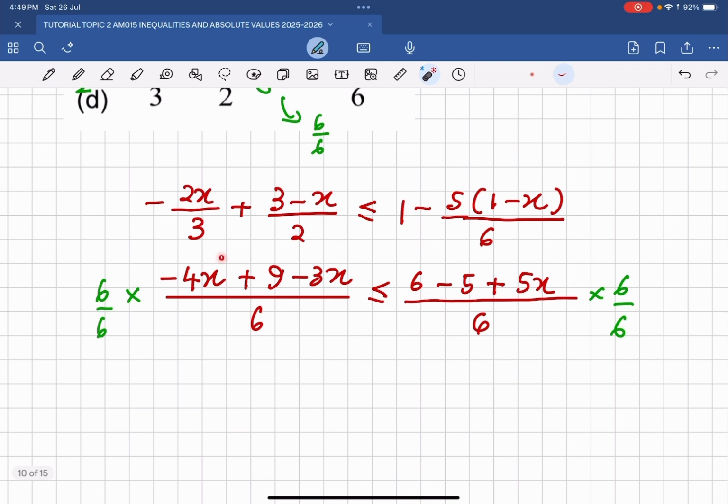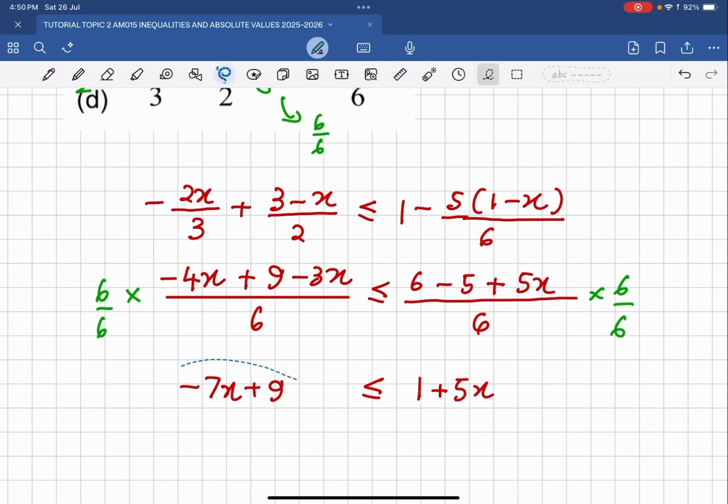So negative 4x minus 3x is negative 7x, plus 9, less than or equal to 6 minus 5 is 1, plus 5x.